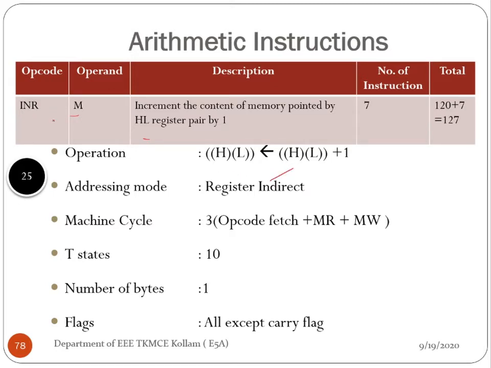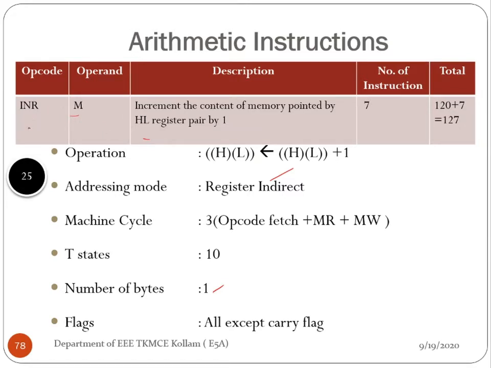When we are converting this instruction into machine code, the size is 1 byte. That 1 byte is nothing but the opcode of the instruction. So first of all, we need to take the opcode into the instruction register while executing the instruction. Then we need to take the content into the microprocessor.